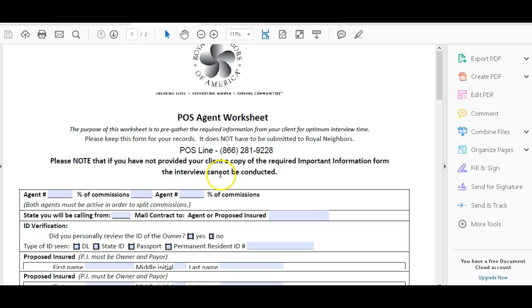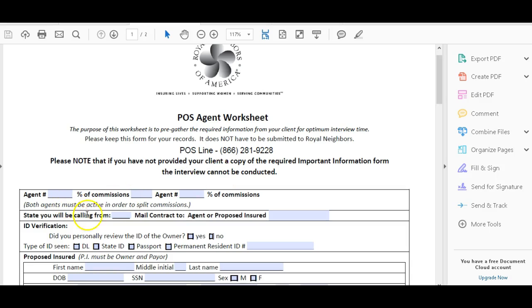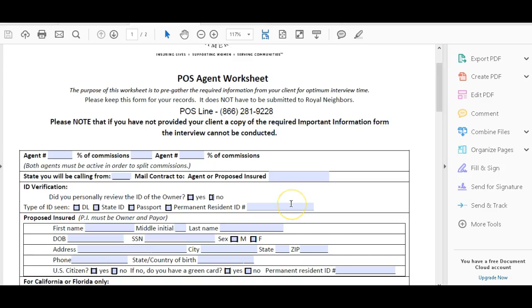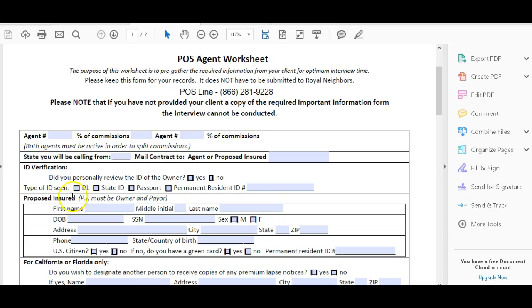Make sure you have your agent number, and state that you're calling from, which we can say is the state of the client. You're going to mail the policy to the agent, excuse me, to the client. They're going to ask you that question. Did you personally review the ID of the owner? No, because we're talking on the phone, and it's okay that we didn't.